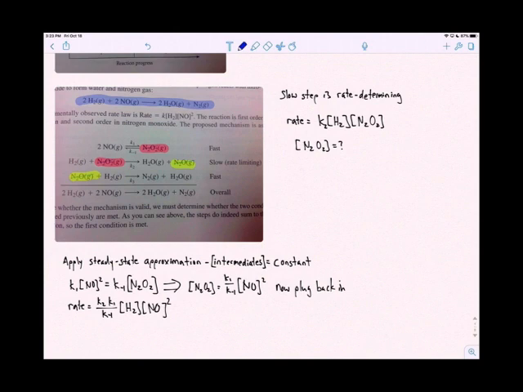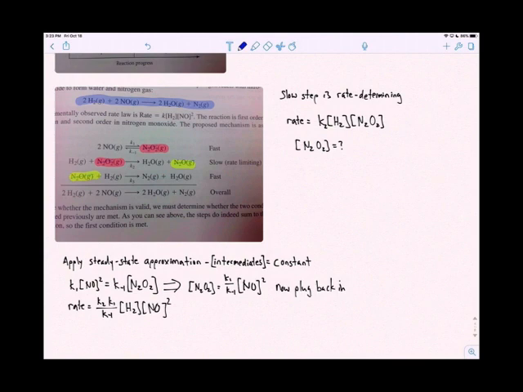So let's go back to the definition of the slow step. The slow step is the rate determining step, and it's the second one here: hydrogen plus N2O2 yields water and NO2. If this is the slow step, then we say it's elementary. Elementary just means straightforward with the stoichiometric ratios.